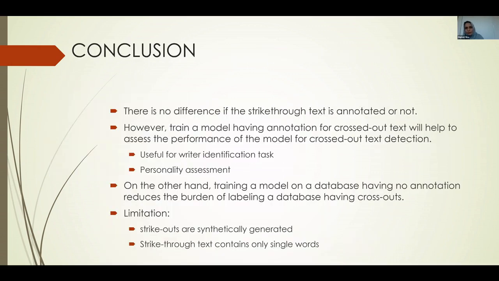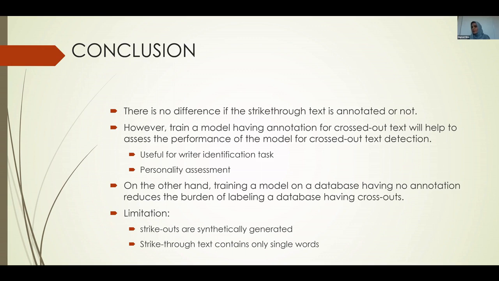In conclusion, we have concluded that there is no difference if the strike through text is annotated or not. However, if you are providing a representation for cross-out annotations, it will help to assess the performance of the model for cross-out detection.